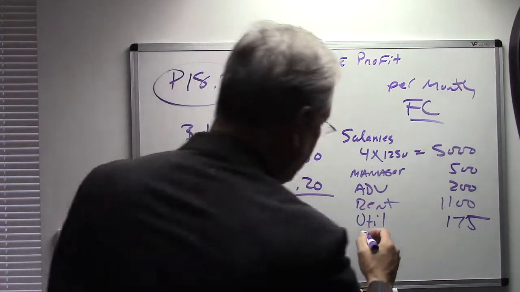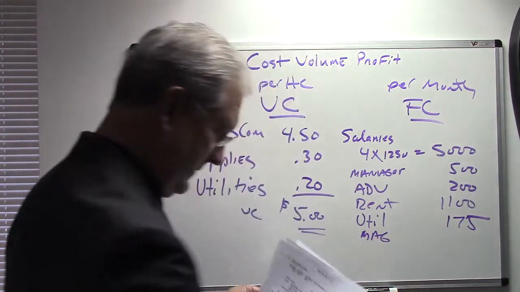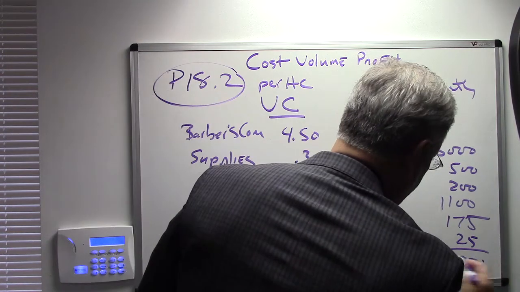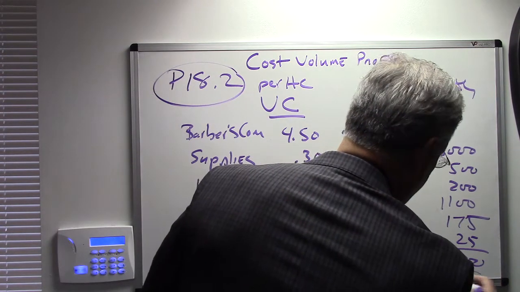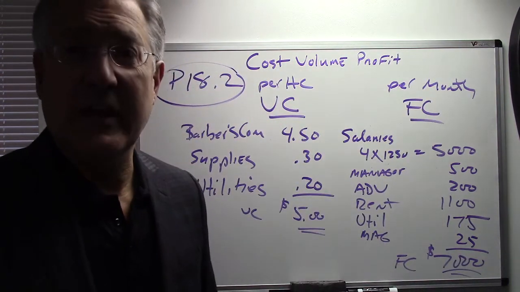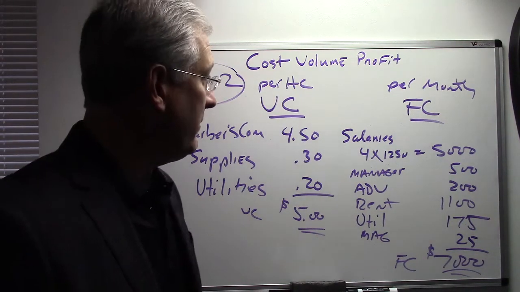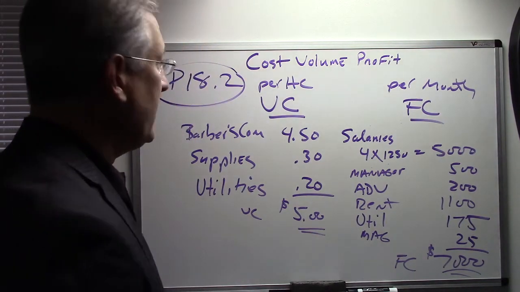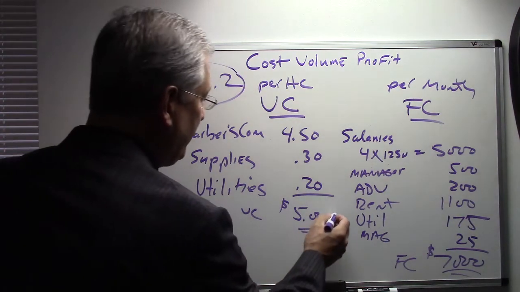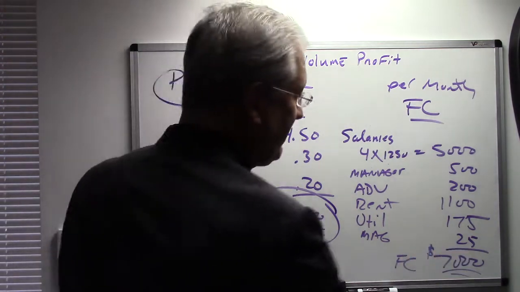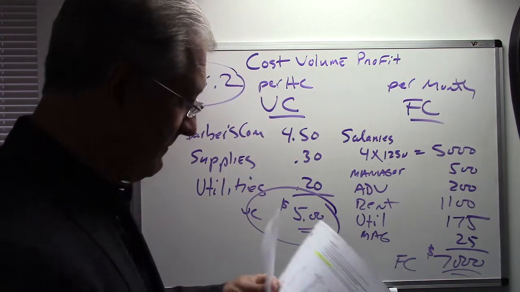And then we have magazines at $25. So the fixed cost is $7,000 per month. So what we see here, their cost structure is $5 per haircut plus $7,000 a month.